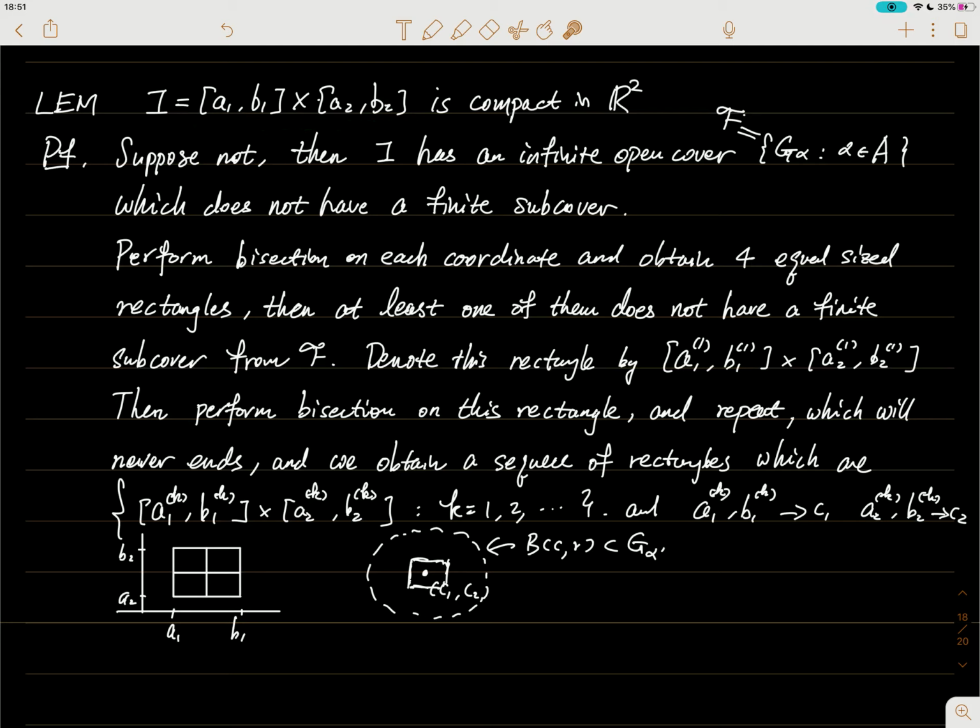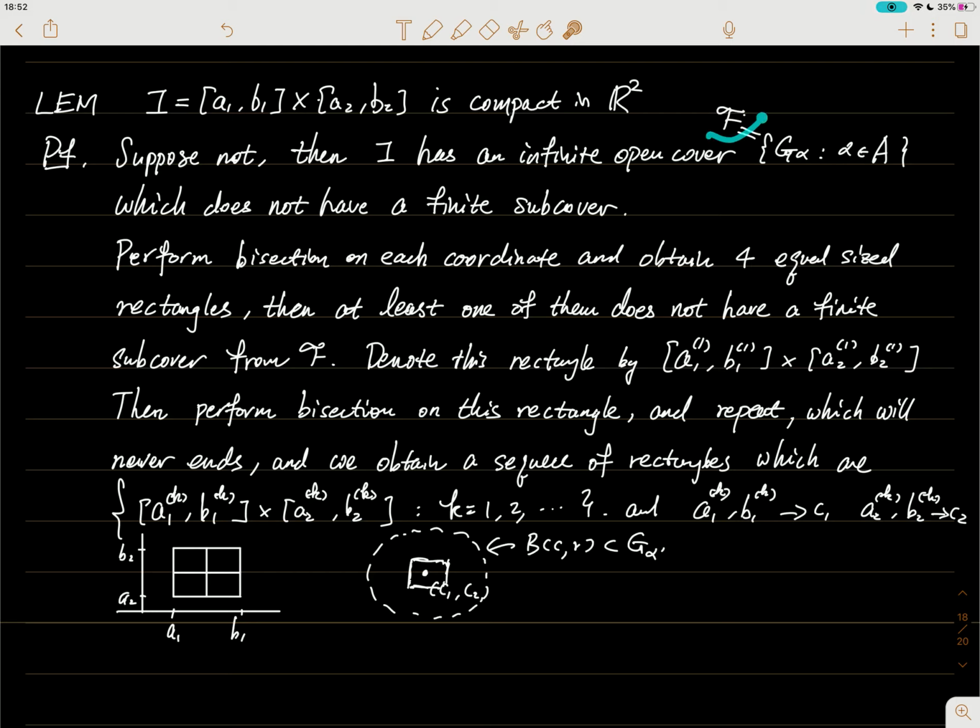In R2, I have a box. This is A1B1 times A2B2. I want to show that this box must be compact. To show it is compact, I need to show that every open cover of it has a finite subcover. Let's prove it by contradiction. If this is not compact, then there exists an infinite open cover.